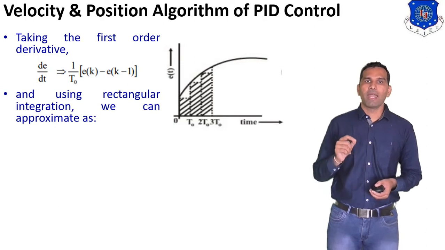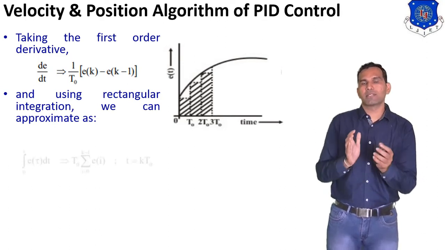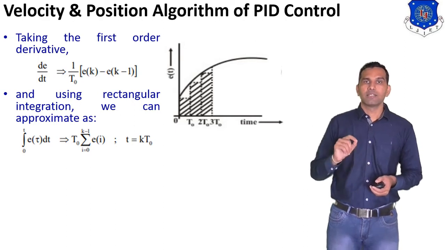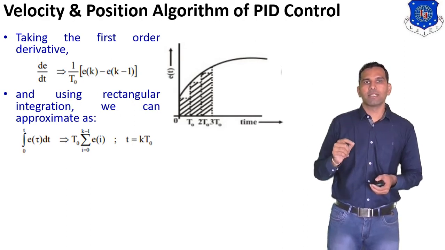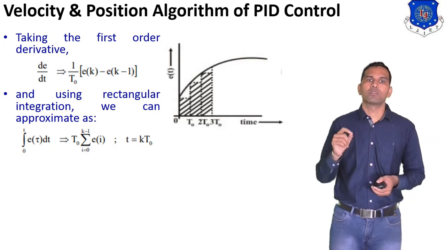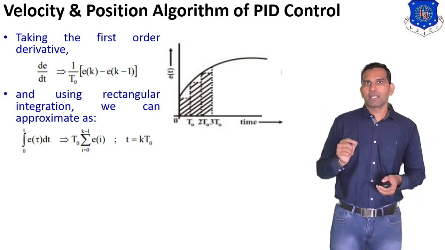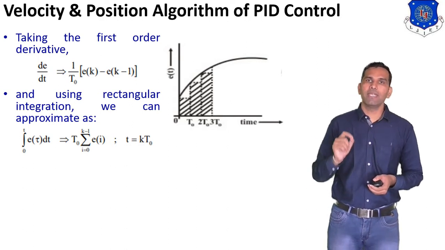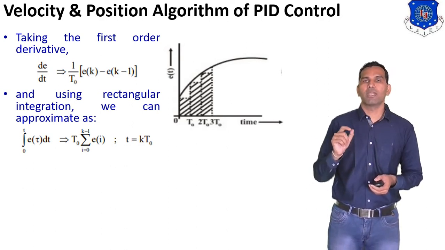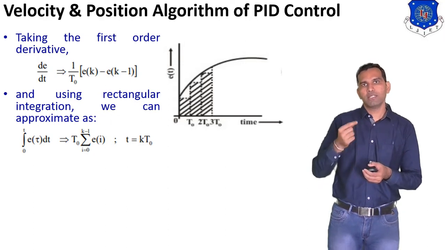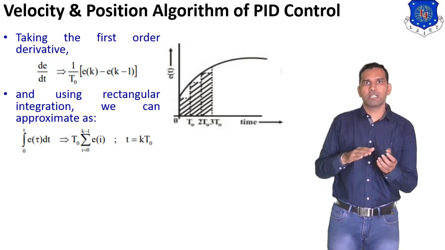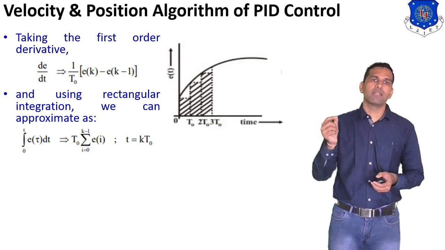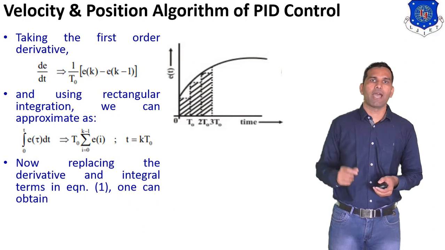And using a rectangular integration, we can approximate the integral from 0 to t of e(t) dt as t0 times the summation i equals 0 to k of e(i), where t equals k into t0. So here instead of integration we just use the summation form, from 0 to k.